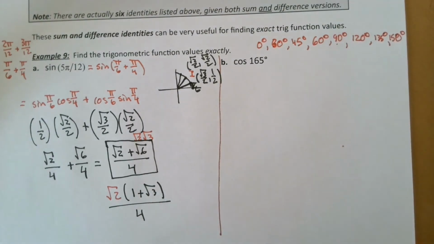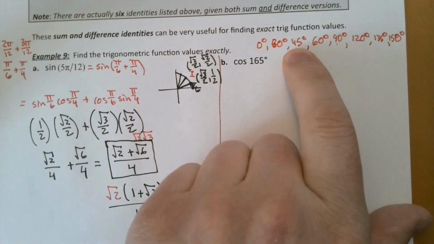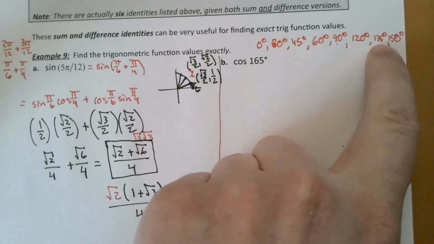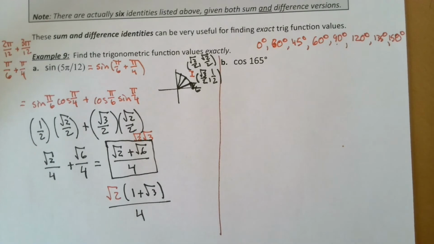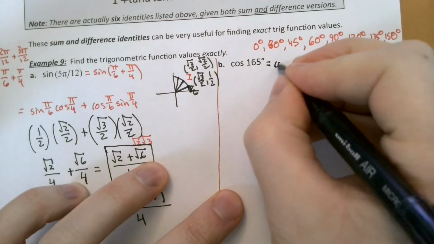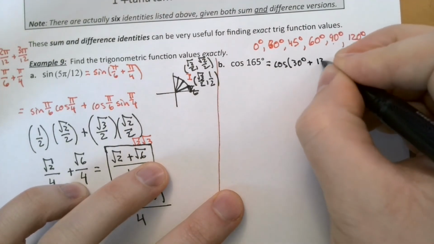So we could do this as 120 degrees plus 45 degrees. We could do 135 degrees plus 30 degrees. Let's do that one. Why not? So we're going to rewrite this as cosine of 30 degrees plus 135.